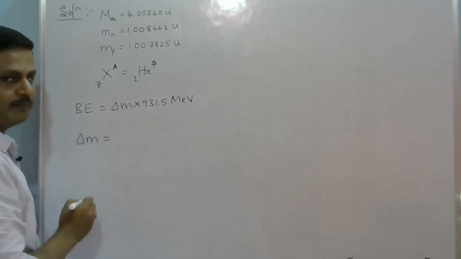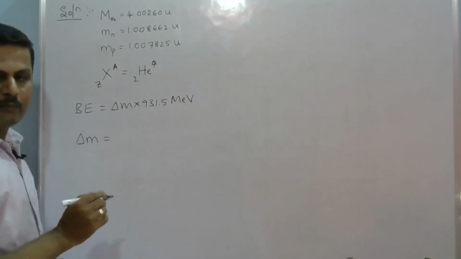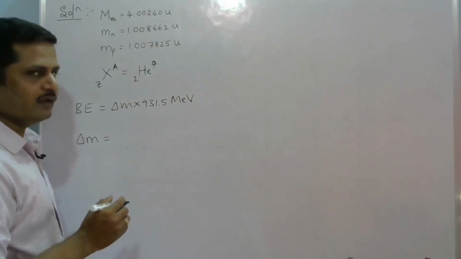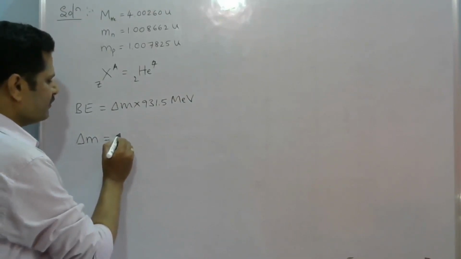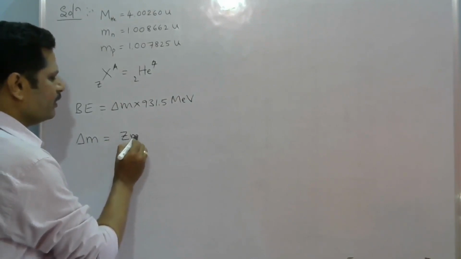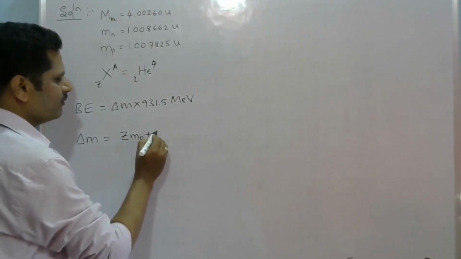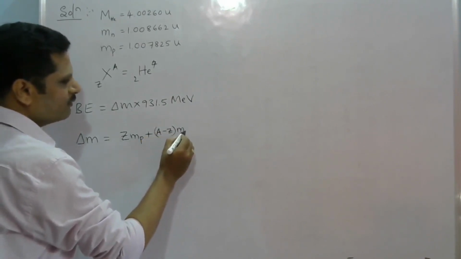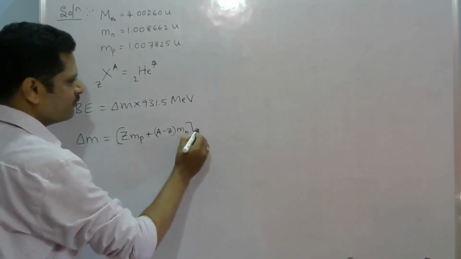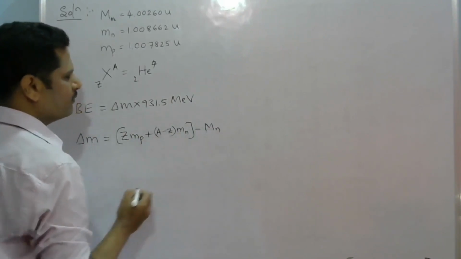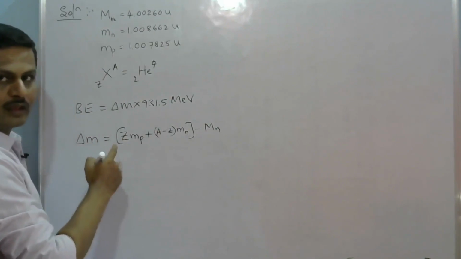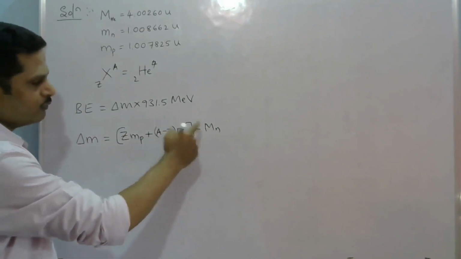Mass defect is the difference between the mass of the constituents of the nucleus and the actual mass of the nucleus. That can be written as Z M_P plus A minus Z, that is the number of neutrons, times the mass of the neutron, minus the actual mass of the nucleus. This is the formula for mass defect.